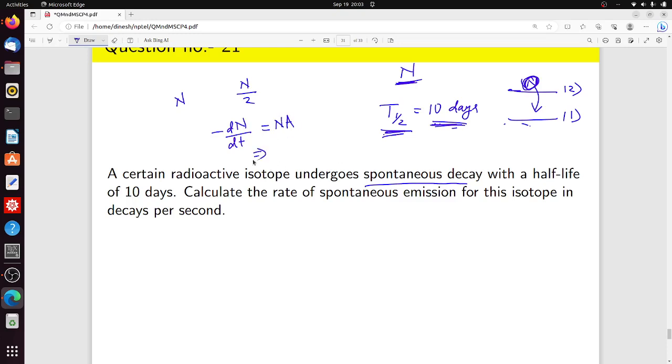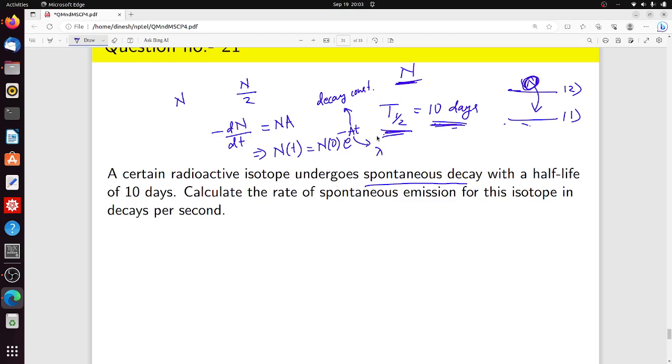Now if I solve this equation, which has already been solved in class, you will get N0 e to the power minus A t. So if you compare with the decay formula, this A is nothing but the decay constant. From nuclear physics class you might recognize this as lambda.